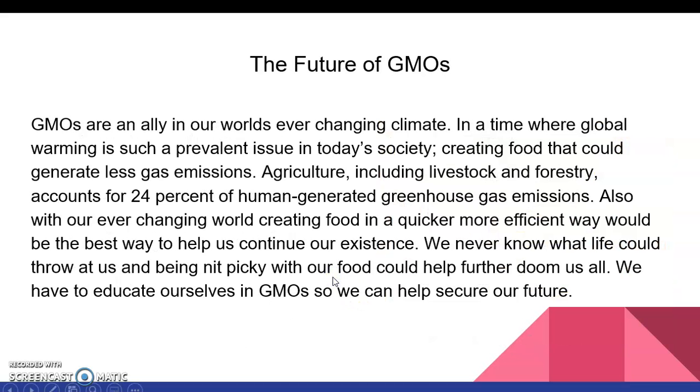In conclusion, agriculture, including livestock and forestry, accounts for 24% of human-generated greenhouse gas emissions. With our ever-changing world, creating food that is more efficient may be the best way to help us continue our existence through these GMO products.